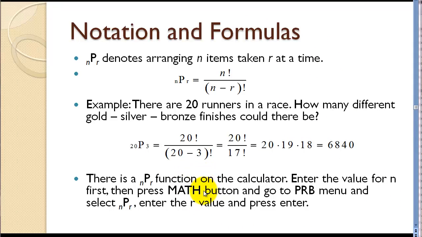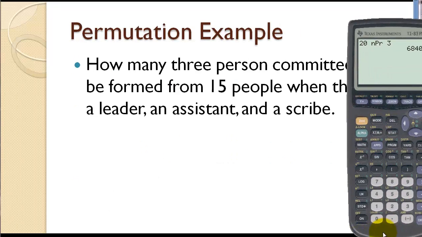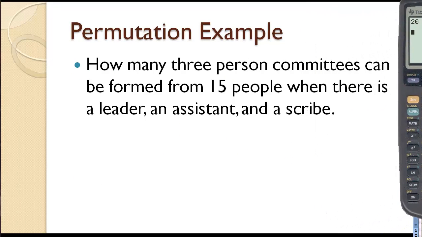So we just described how to use the calculator. Let's look at another example here. Let me bring the calculator back. Let me read the problem. We've got 15 people and we're forming committees, and the different committees would have different leadership positions, so the order does matter.